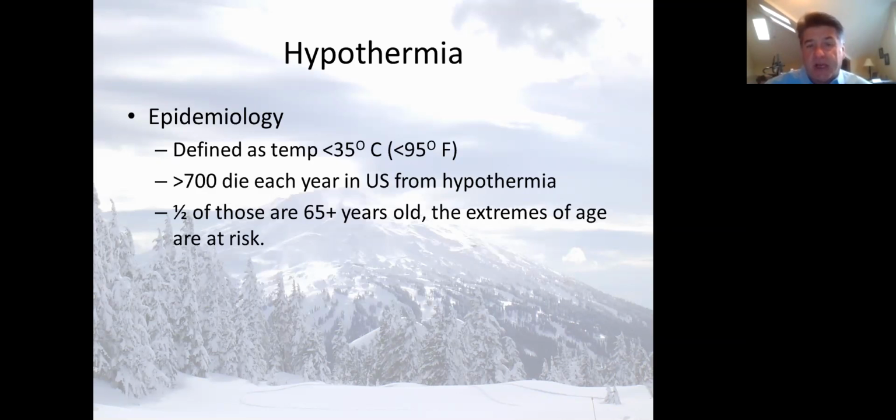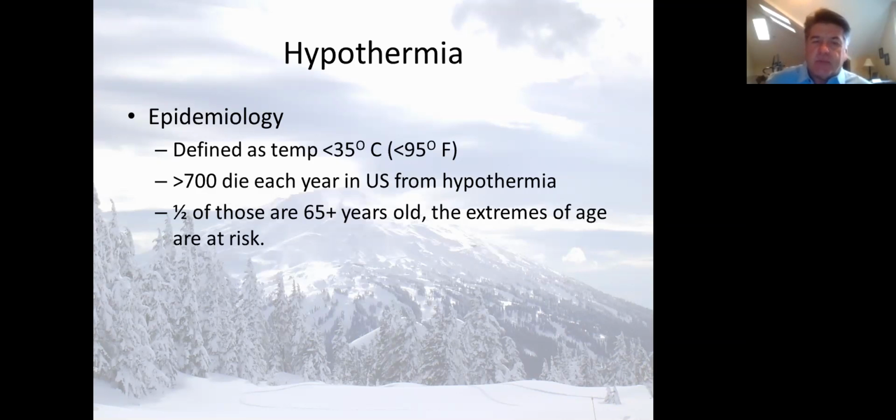About 700 people die a year from hypothermia in the United States. Half of those are 65 years old, and the extremes of age are at risk. Just as we talked about last time about drowning, where the very young and the very old were at risk, when we talk about heat-related injuries, that's even more pronounced. The very young and the very old.